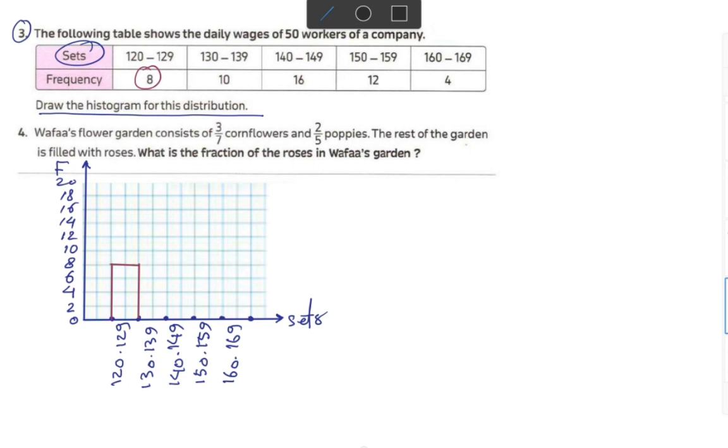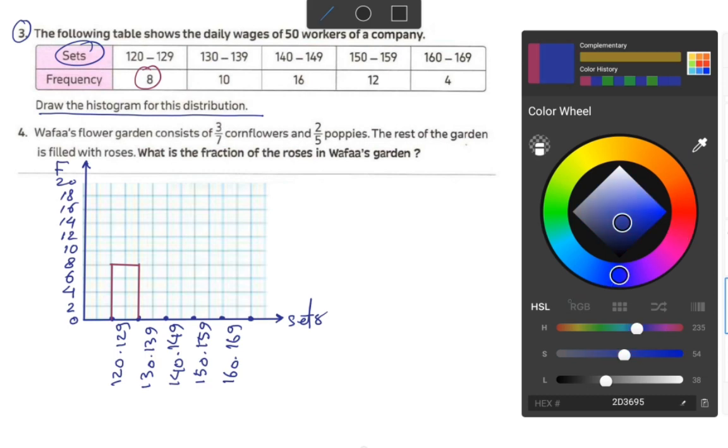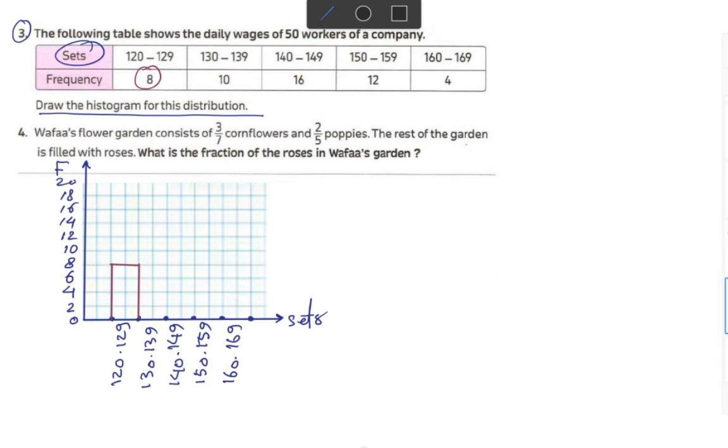Now the next one, 130 to 139, has a frequency of 10. Put a point here and make one vertical line, two vertical lines.